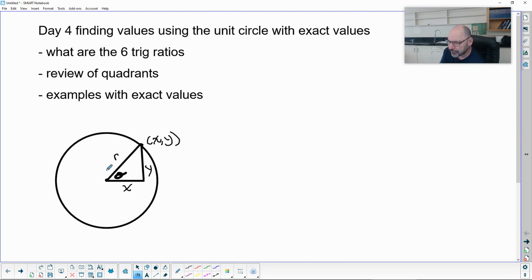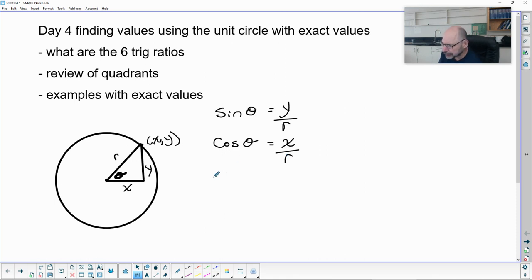So the trigonometric ratios, as you rotate around this circle: you have sine, which is y over r. If it's a unit circle, it's just y, but if it's a regular circle, it's y over r, depending on what size r is. You have cosine, which is x over r, and if it's a unit circle, then it's just x.